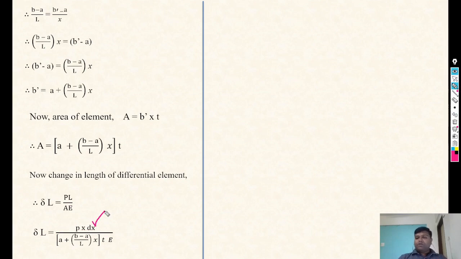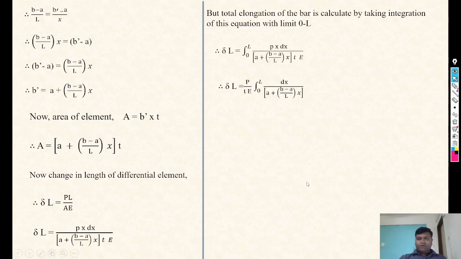It means to calculate the actual change in length, we need to take the integration of this term with respect to L. So the total elongation we can calculate by taking integration with limits 0 to L. So delta L is equal to this total term in integration.